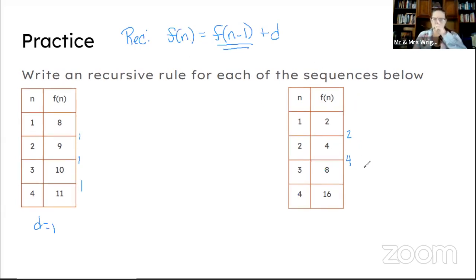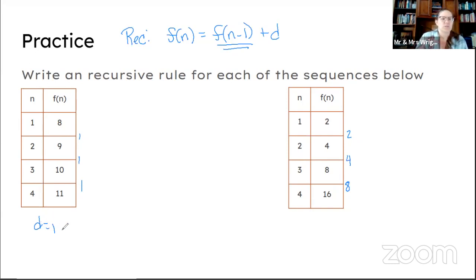All right, so 8 to 16, I know is going to be 8. So it looks like this is increasing by 2 to 4 to 8 instead of the common difference just increasing by adding. We're going to have to multiply and add. So we'll look at that in just a minute. Let's start right here at the practice first.